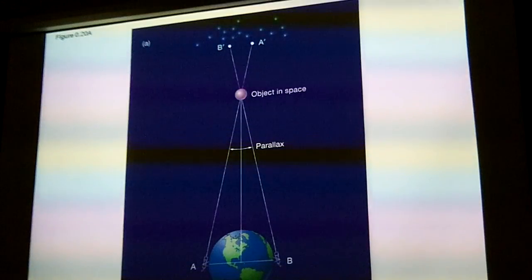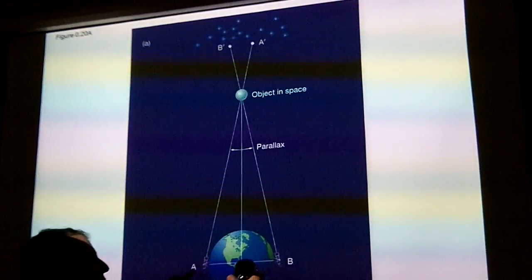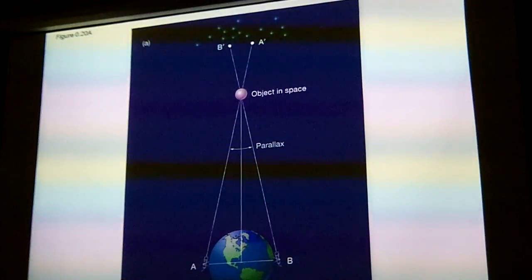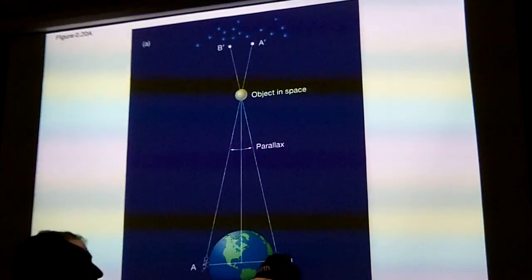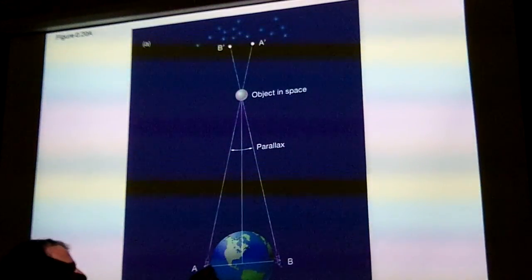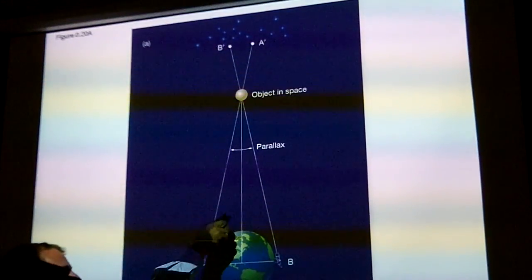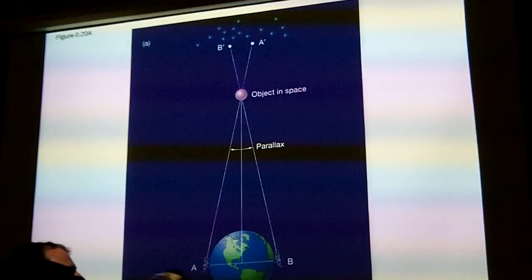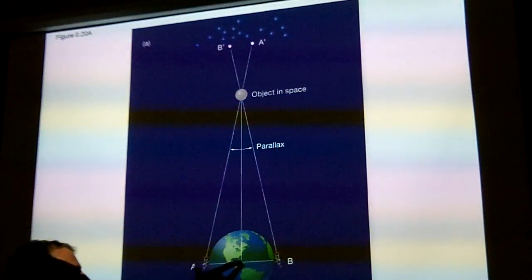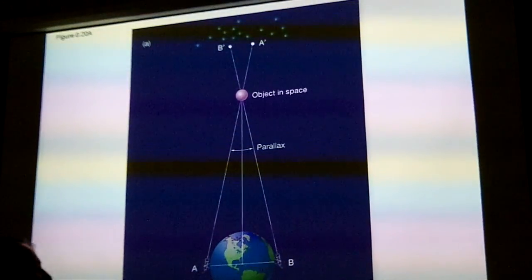Any way to get a baseline longer than the size of the Earth? Use a satellite. Okay, use a satellite. Yeah, you can put a telescope on a satellite, but you know what? Even the satellites that we launch that are in geosynchronous orbit around the Earth aren't a whole lot farther from the Earth. Any way we can get a much longer one?